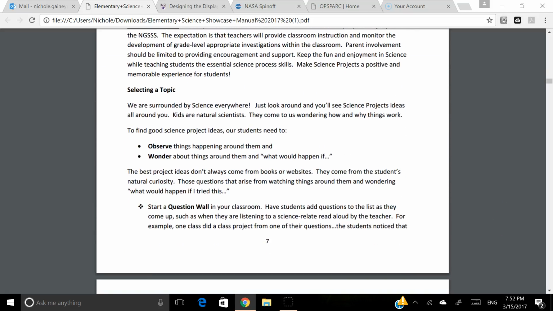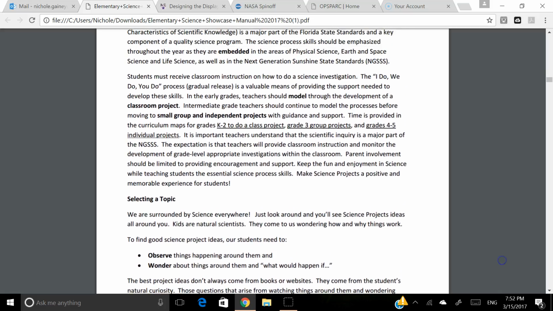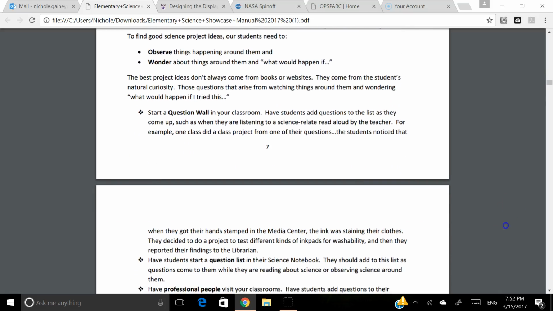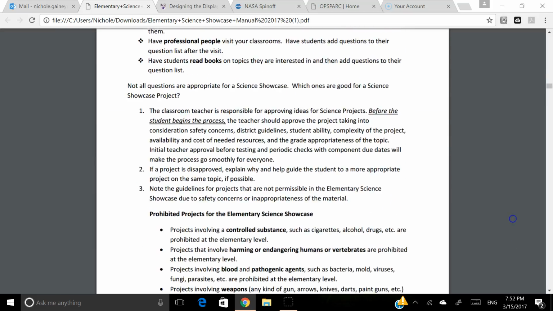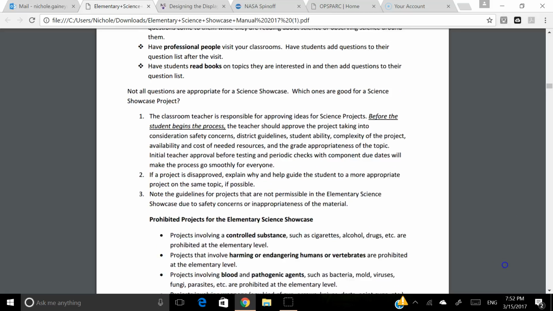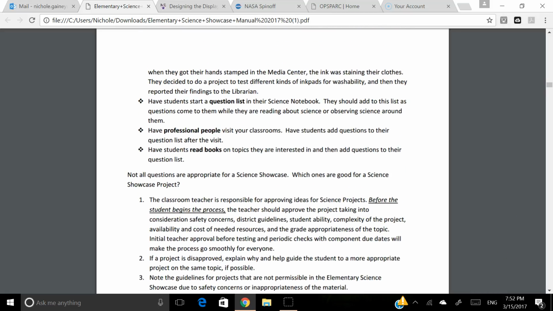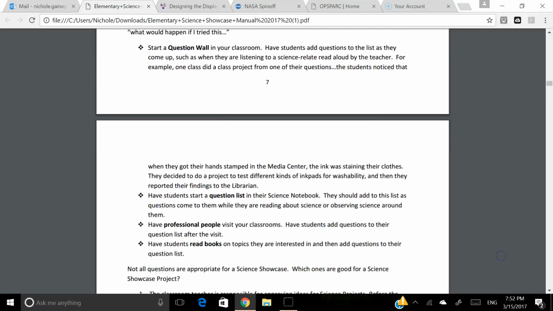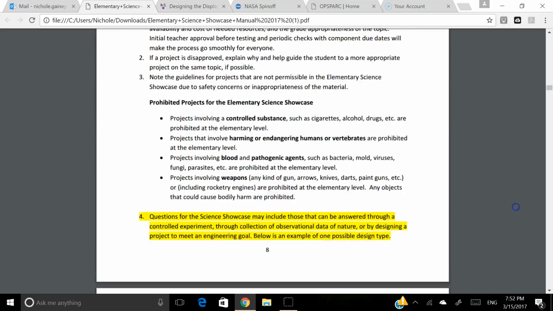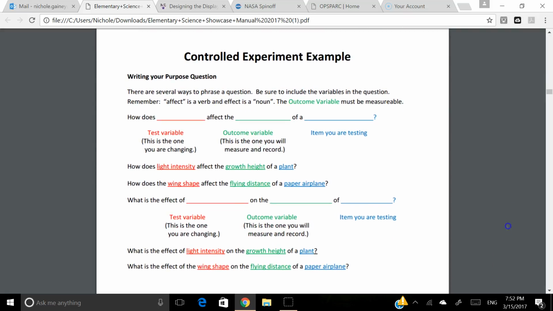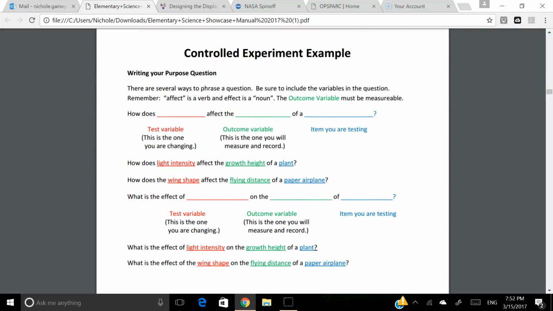Okay. So at this point, the first step is that of developing a question. What is it that the students want to explore? So today's question that we explored in our classroom had to do with what is the effect of wingspan on the distance a paper airplane will fly.